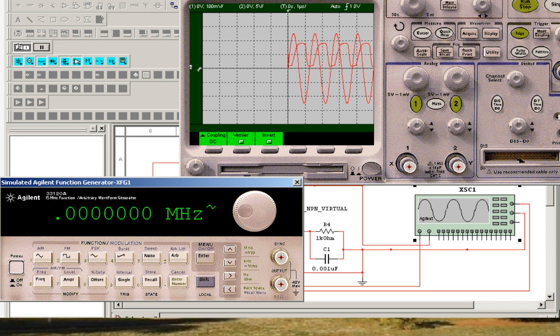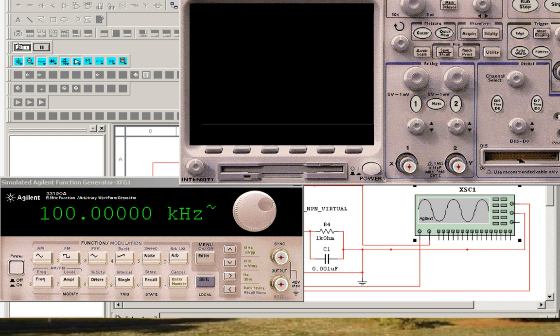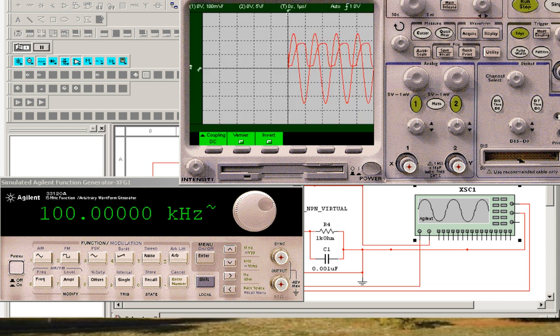It's being so frustrating. I don't know what's wrong with this.